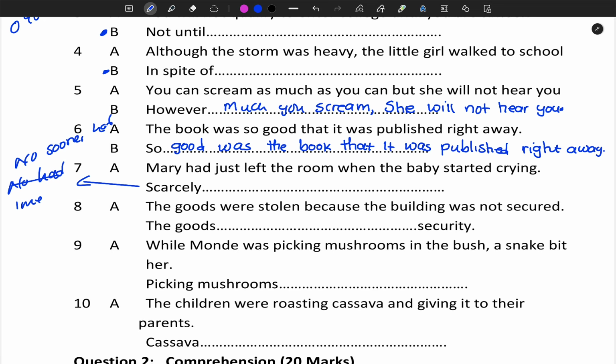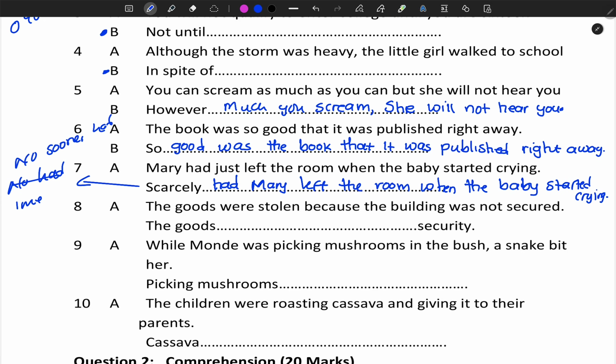Now how do you write a sentence like this beginning with scarcely? Scarcely had Mary left the room. Now, for no sooner we use than, but for scarcely you say when the baby started crying.